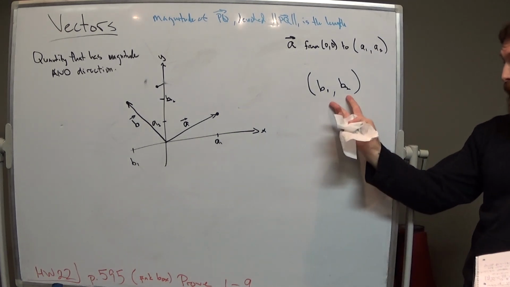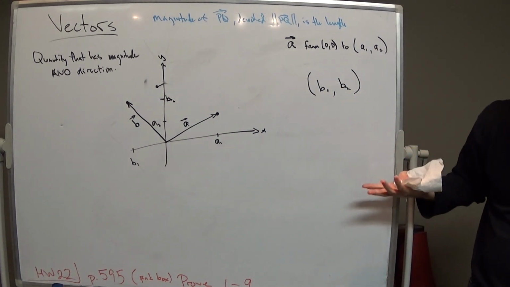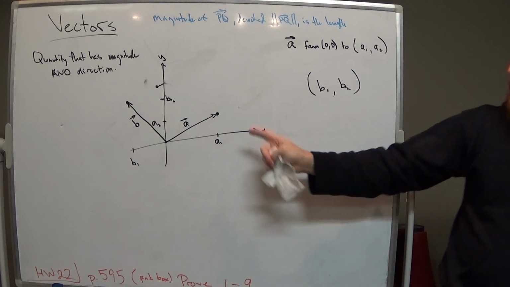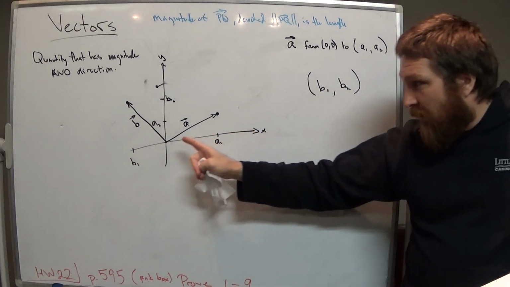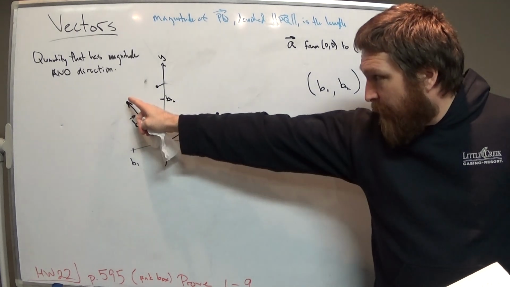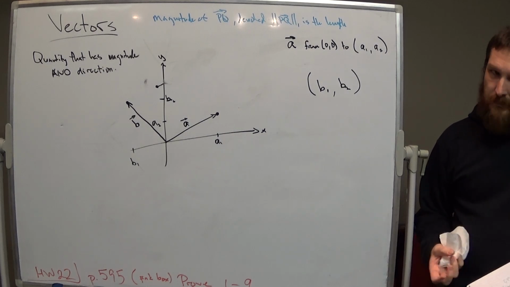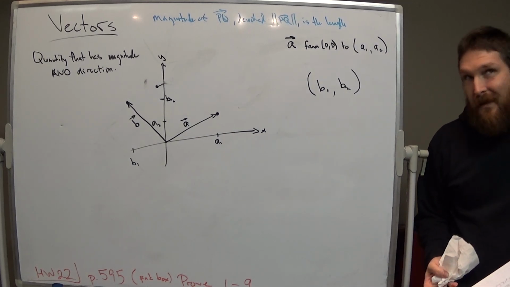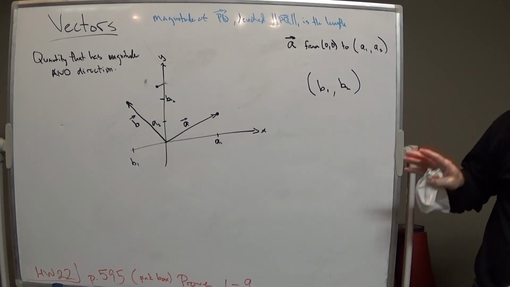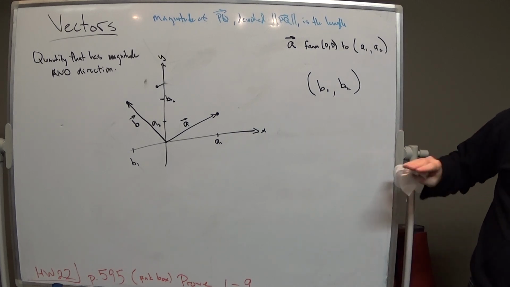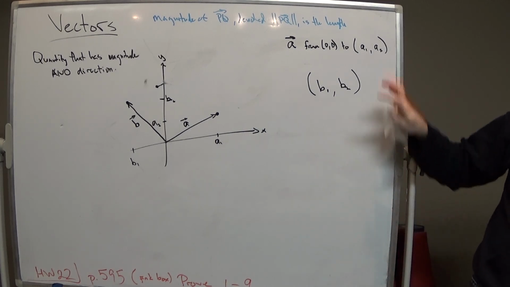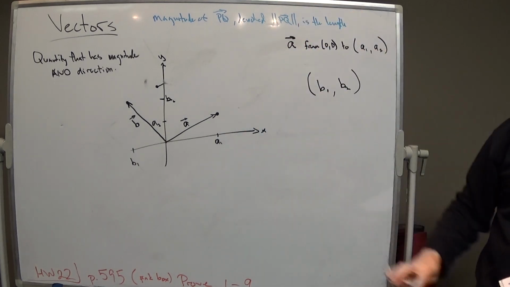Conversely, if I give you any point on the plane, you could say, well, that's a vector, really, because no matter where it lives, you could draw a line from the origin out to that point, and that defines a vector. So in a sense, vectors are points. They're kind of the same thing. The only thing vectors have that points don't have is this weird property that you could move them anywhere and they stay exactly the same.